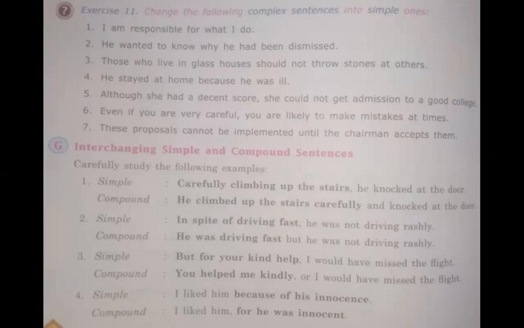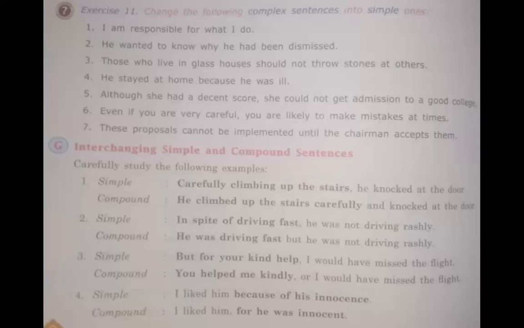Now you need to do one thing. You need to justify which one you are going to put. See what a compound sentence is. A compound sentence is one in which we get two independent clauses joined by coordinating conjunctions.